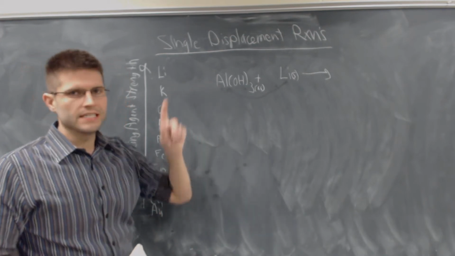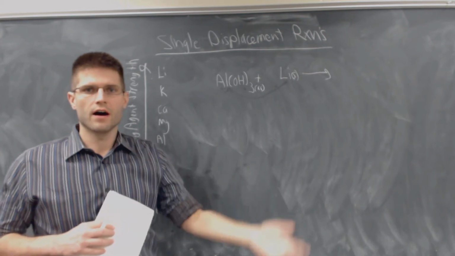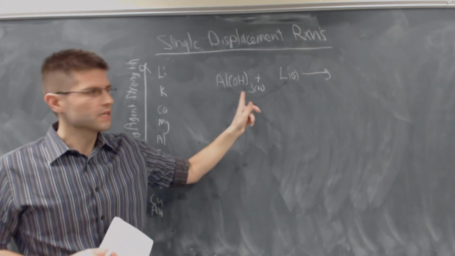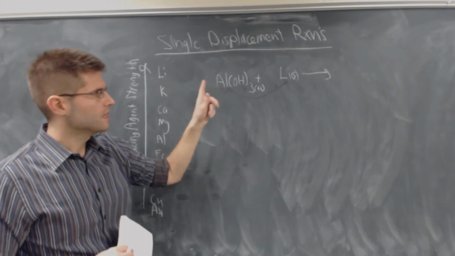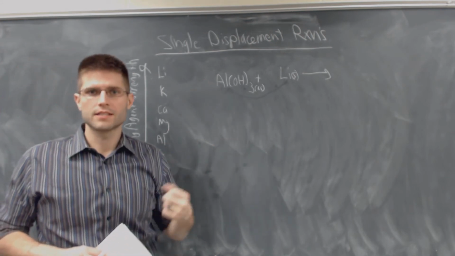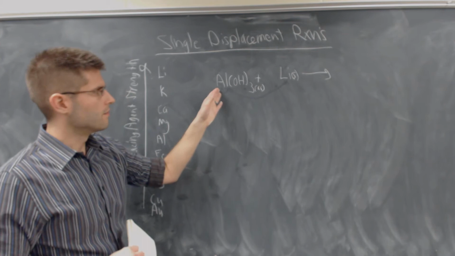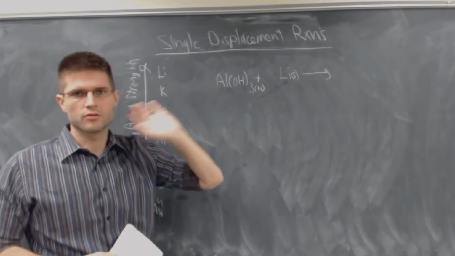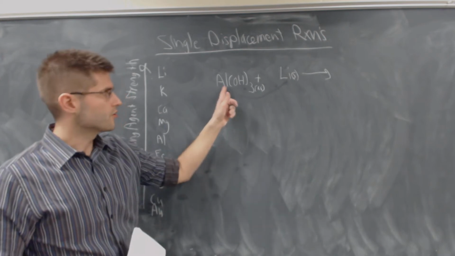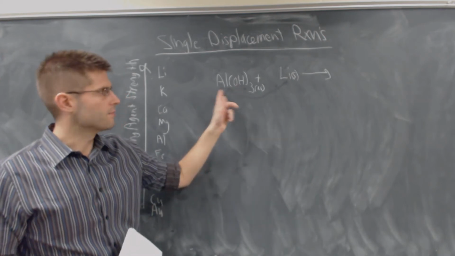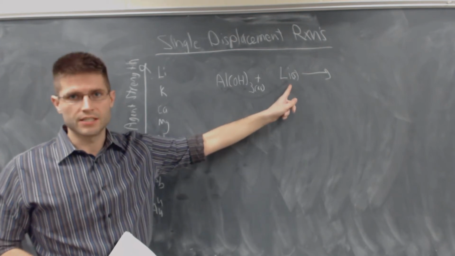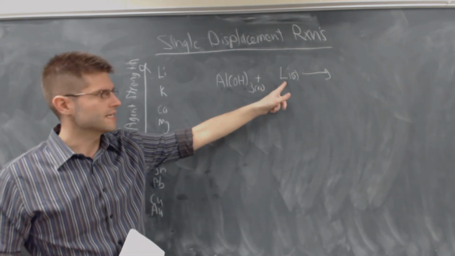A reducing agent is something that is able to give up electrons and reduce your other component. In this case, aluminum has a +3 charge, a +3 oxidation number, so it was willing to give up those 3 electrons so that it could form an ionic bond with the hydroxide. Now lithium over here, its oxidation number is 0, it's in its natural state.